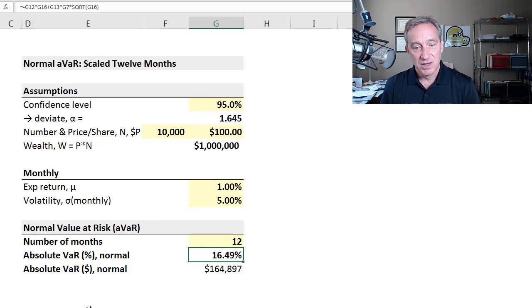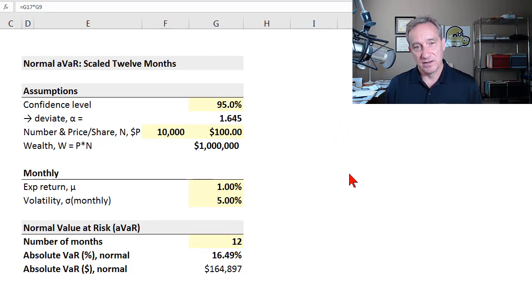And now I get a 1-year absolute normal VaR, if you like, 16.5%, which of the portfolio is just shy of $165,000. It's absolute, so really it's the worst expected loss relative to our initial value of 1 million.